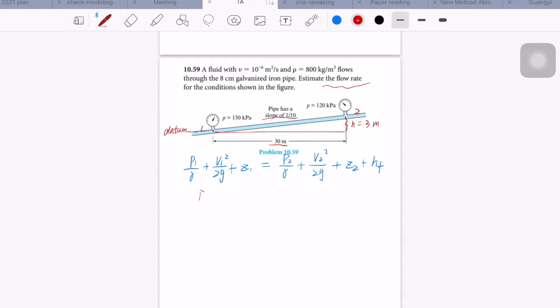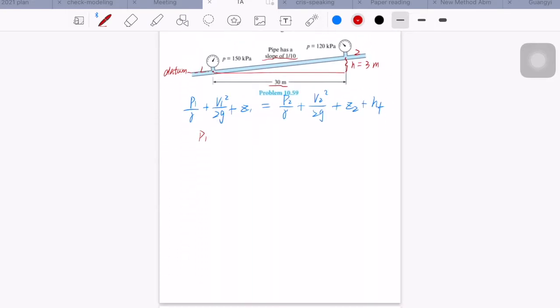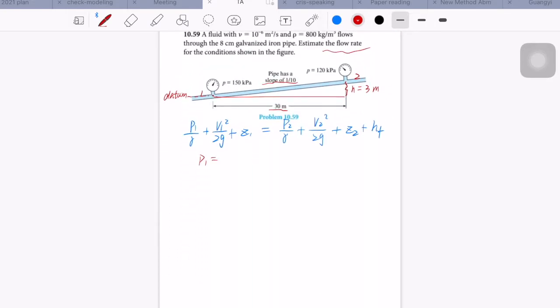And we know the P1 is 150 kilopascal, and P2 is 120 kilopascal, and Z1 is datum, so it is 0, and Z2 should be equal to the h. It is 3 meters.